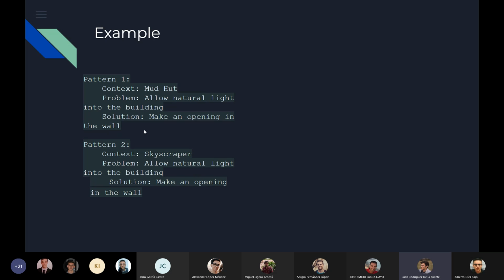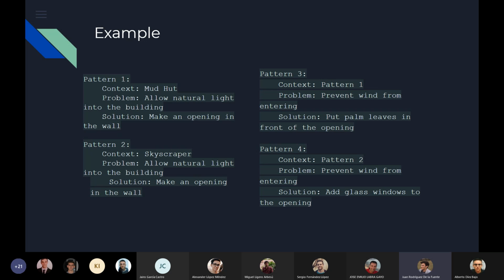But then when we arrive at the consequences, we realize that there is another consequence, which is to prevent wind from entering. And now, depending on the context, that's why I said it was important before, we get another two patterns: pattern 3, whose context is pattern 1 related to the mud hut, and pattern 4, whose context is pattern 2 related to the skyscraper.